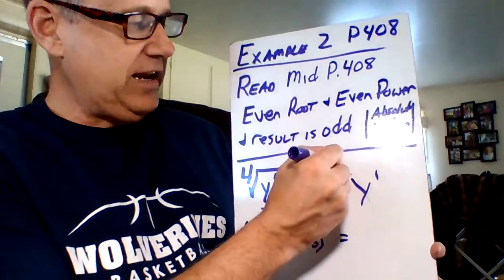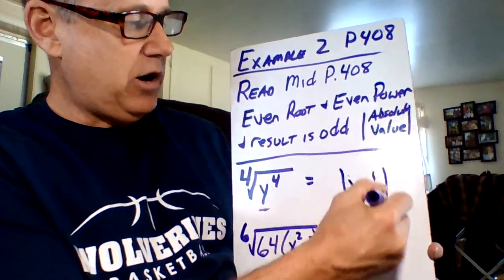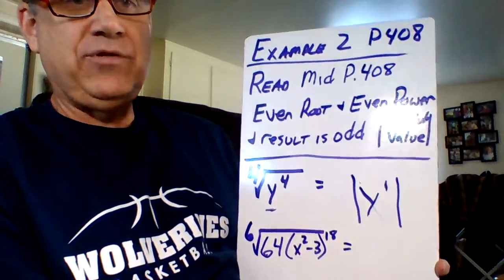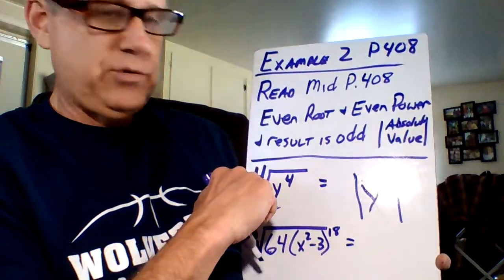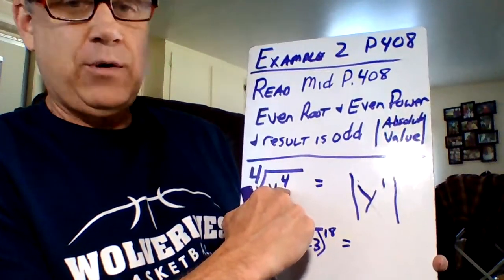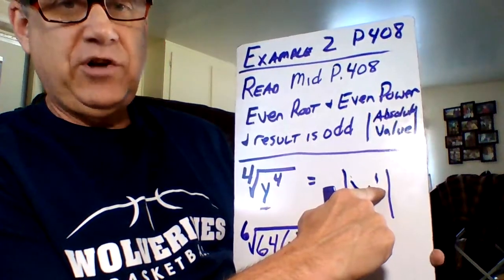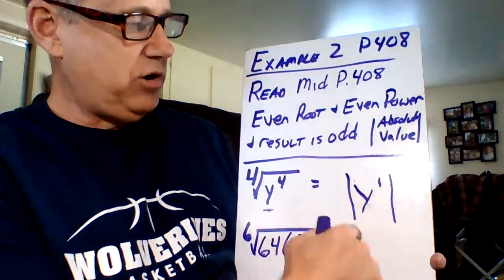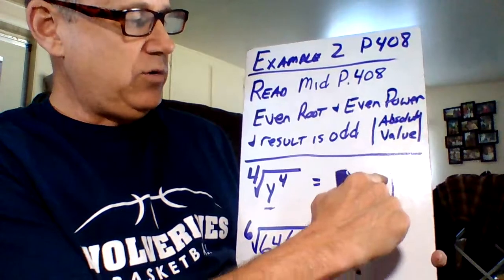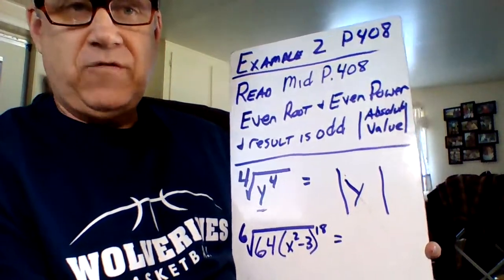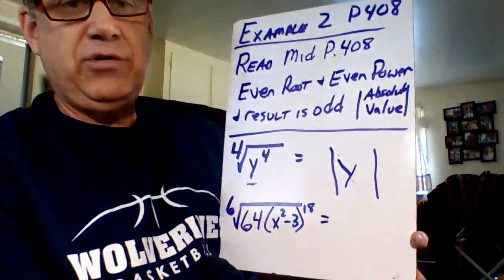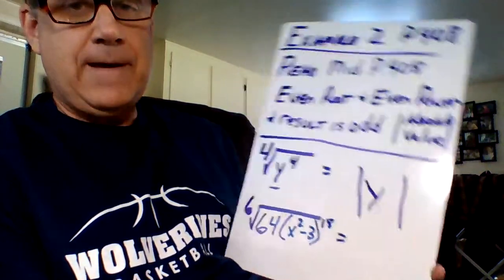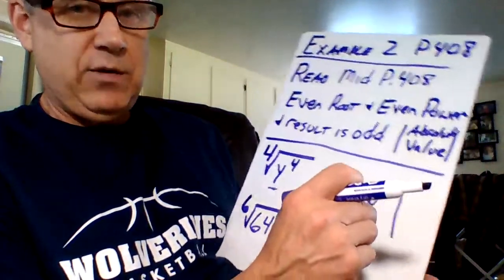So therefore, we need to put our answer in absolute value form. Even root, even power, odd result. We don't need that 1 right there. We could put it there if we want, but we don't need it. It's going to be in absolute value form. So our answer is going to be within absolute value.